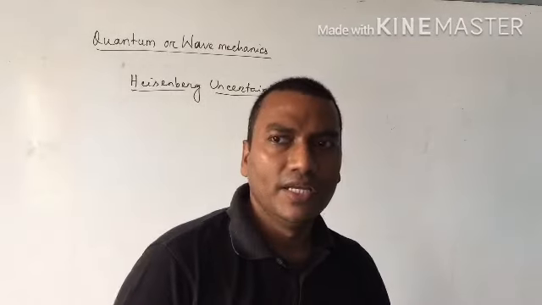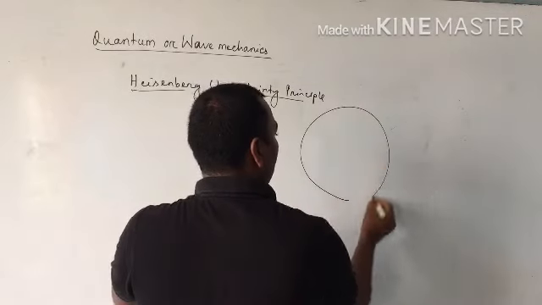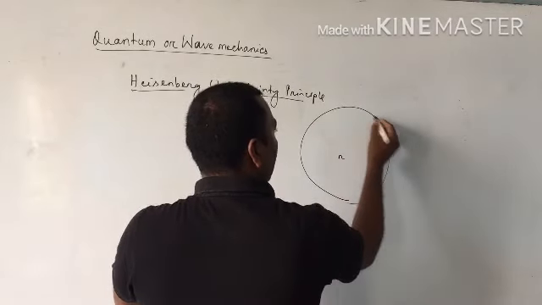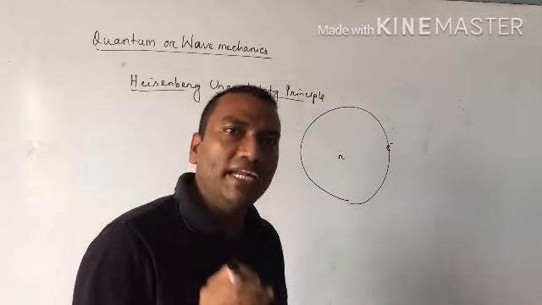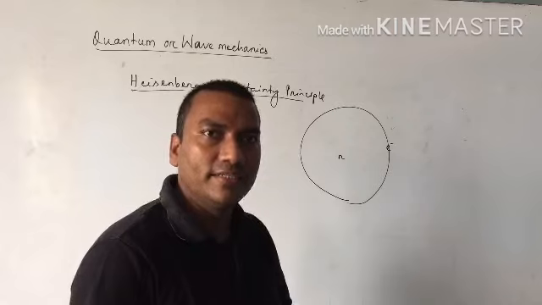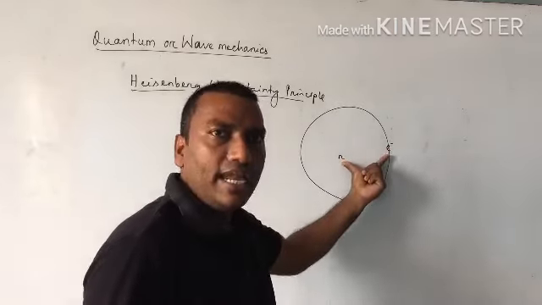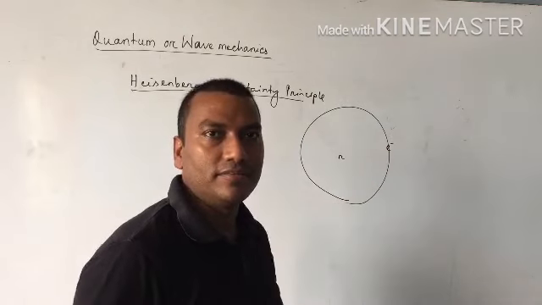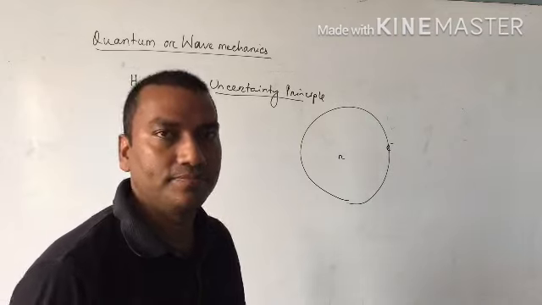Heisenberg explained that when electrons are revolving around the nucleus, it is very difficult to calculate simultaneously the distance and the velocity of the electron with 100% accuracy.